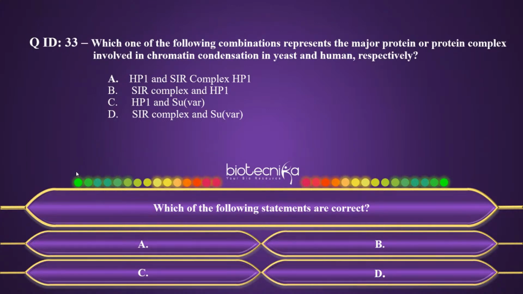It says, which one of the following combinations represents the major protein or protein complex involved in chromatin condensation in yeast and human respectively, right? Anybody who has answered this particular question can mention their answers in the chat box.